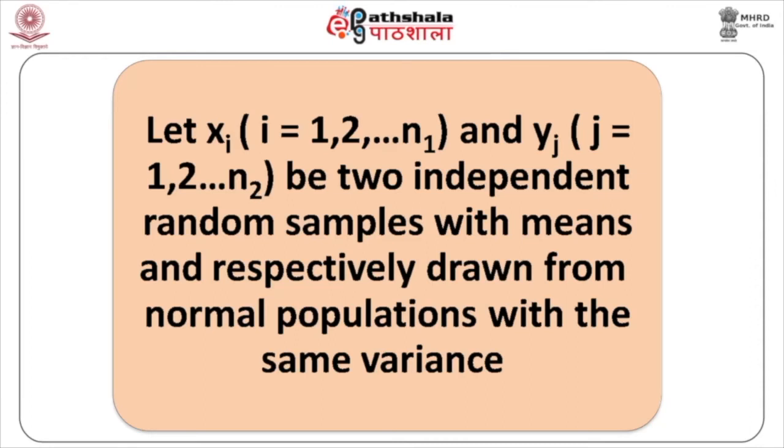Let xi, where i equals 1, 2 up to n1, and yj, where j equals 1, 2 up to n2, be two independent random samples with means x bar and y bar respectively, drawn from normal populations with the same variance.